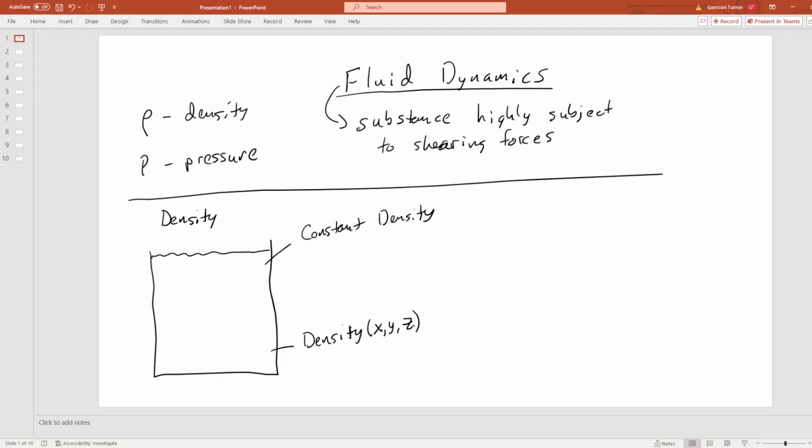Okay. For a lot of substances, and particularly a lot of the things that you run into in your everyday lives, most of the liquids that you would drink, things like water, fall into this category here.